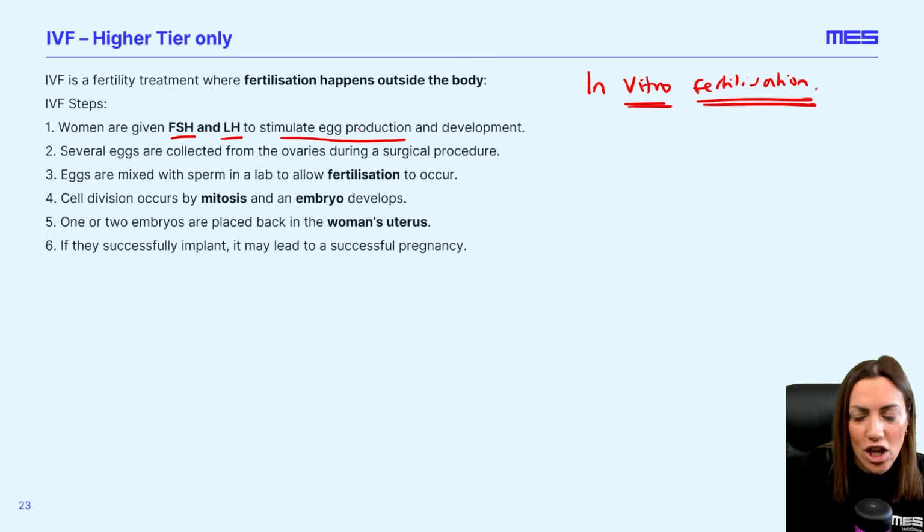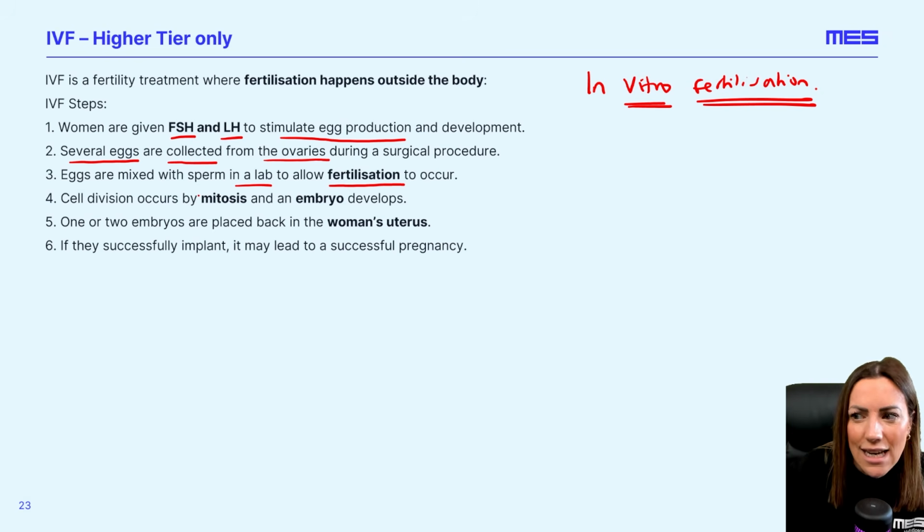Then there is a surgical procedure to collect several eggs from the ovaries. The eggs are then mixed with sperm in a lab. This is why we call it in vitro fertilization, because the sperm cells will fertilize the egg cells in the test tube or in the petri dish. Now, those will be monitored to see if fertilization has taken place.